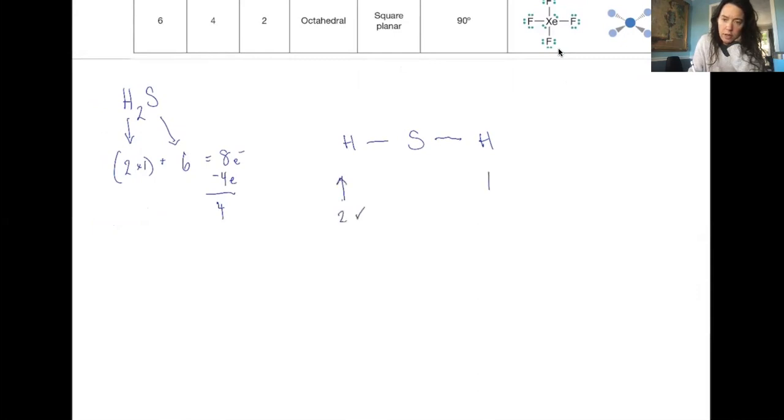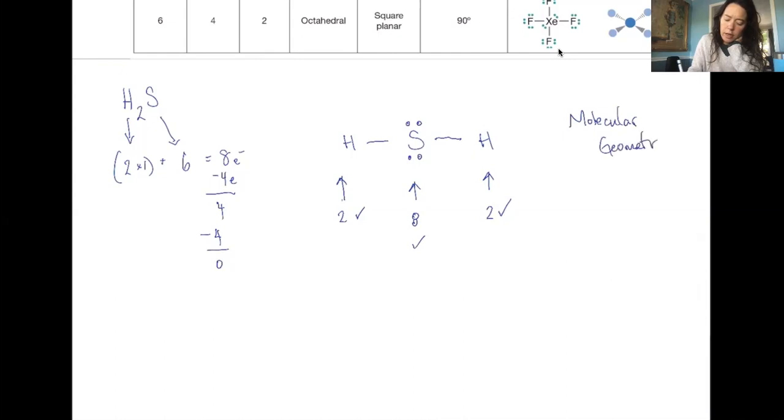Hydrogen here has 2, that's perfect. Therefore, the remaining leftover 4 electrons must get placed on the central atom. So I just used 4 and none are left over. Sulfur here has 8. So that's pretty good. It was that simple.